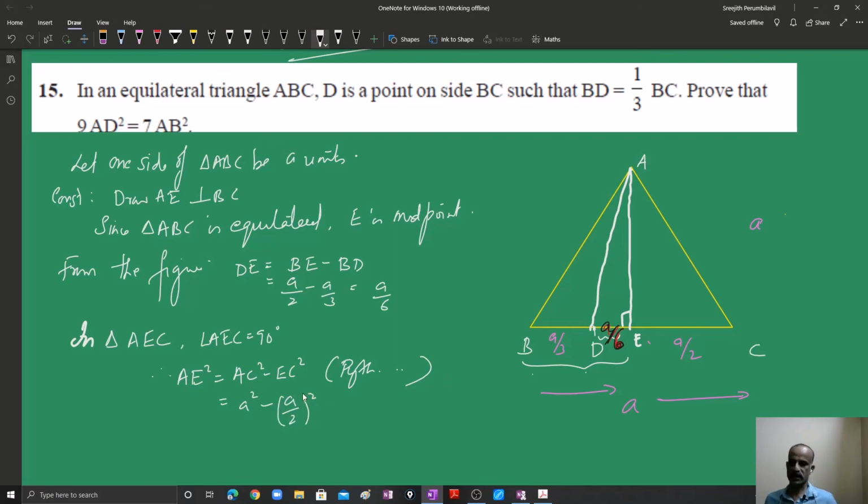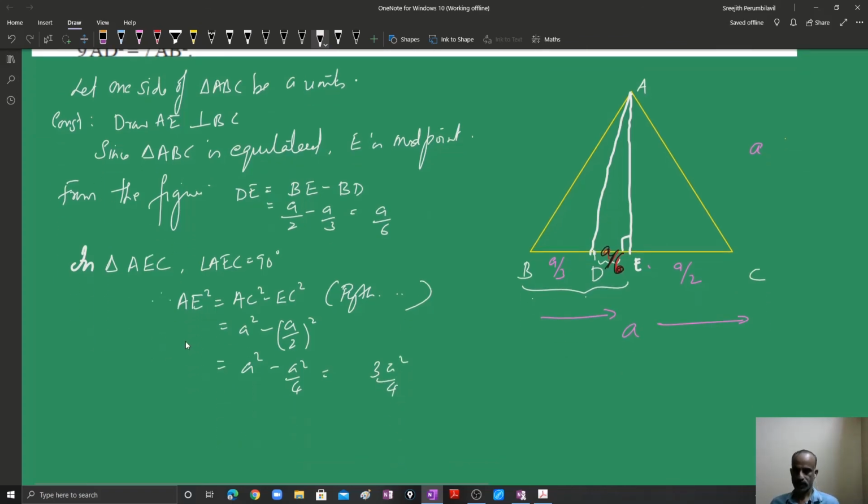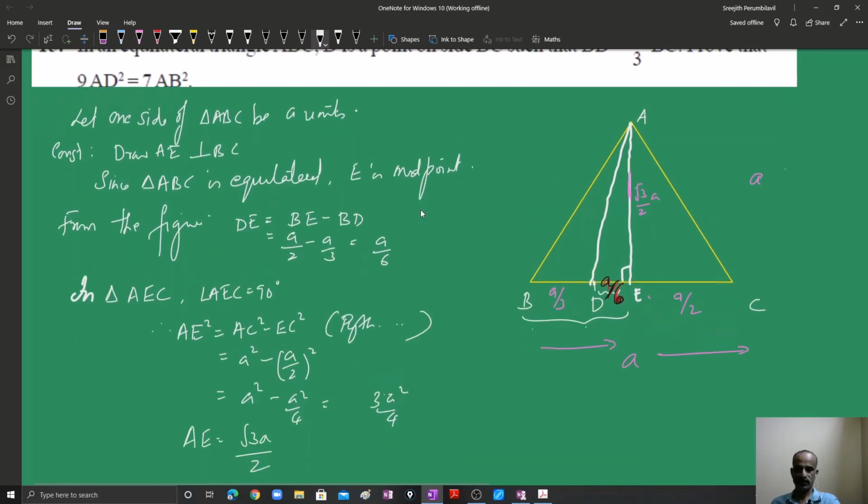So the concept is expressing everything in terms of that side A. This is equal to A square minus A square by 4, that is equal to 3A square by 4, or AE is equal to root 3A by 2, root of this. So we have expressed everything in terms of A. Now let us go for the final catch. 9AD square, we will go for AD square.